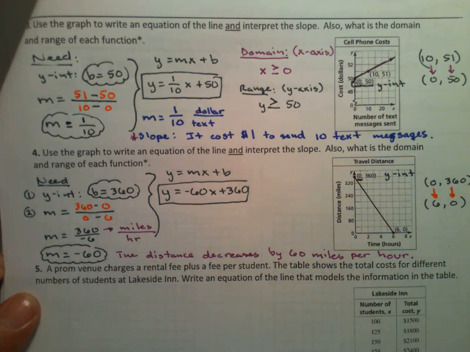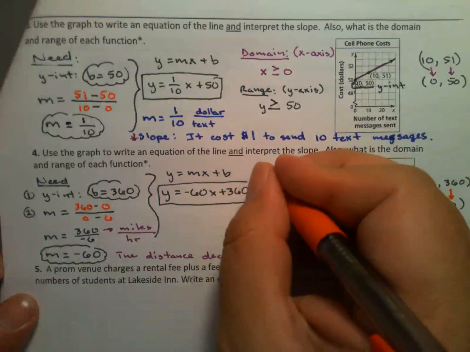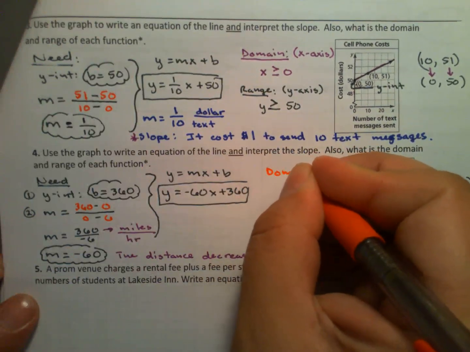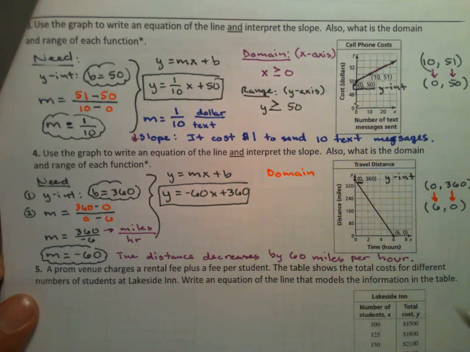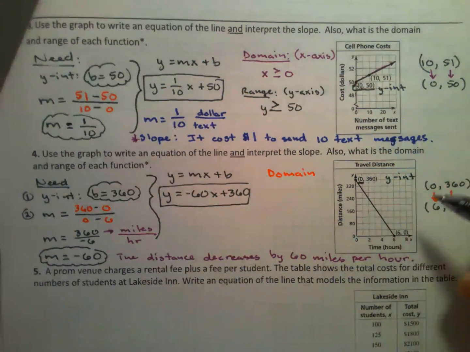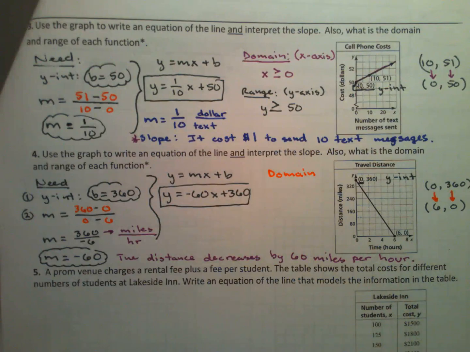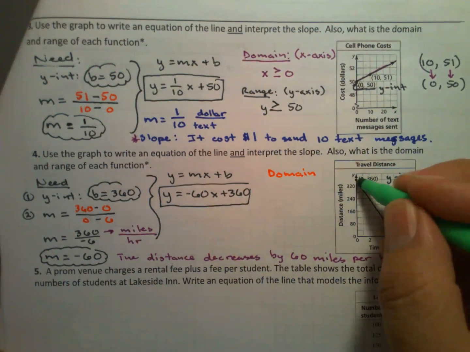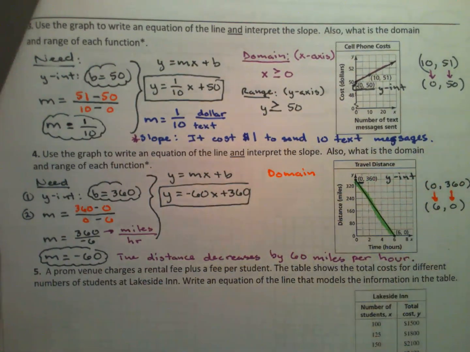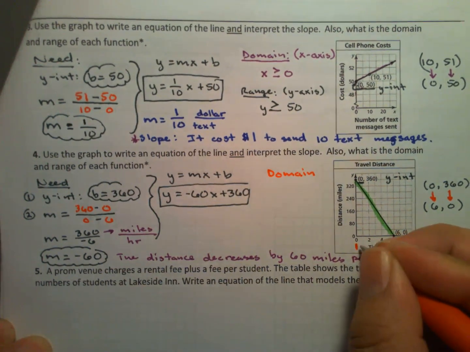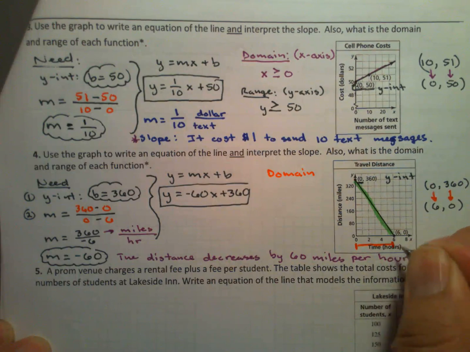But they did say, hey, give me domain and range. All right, well, here I go. Domain are the x's. Now notice, there's no arrow in this one. So when I'm looking at my x-axis, this graph right here only exists between 0 and 6.